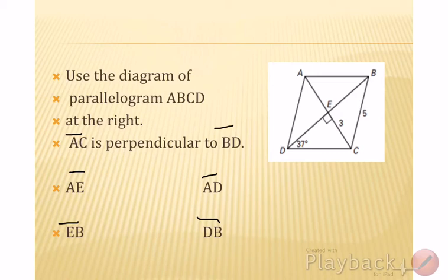So the measure of EB is 4. And back to diagonals that bisect. The distance from D to B would be 4 plus 4, which is 8. So we have 3, we have 5, we have 4, and we have 8.